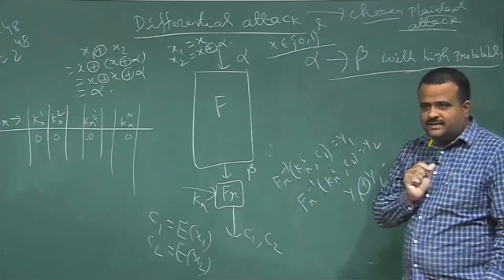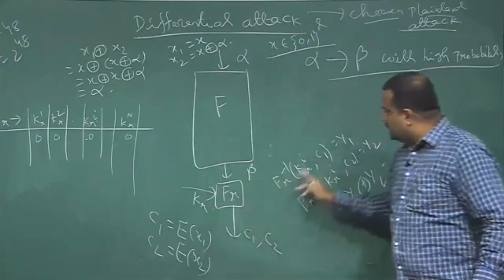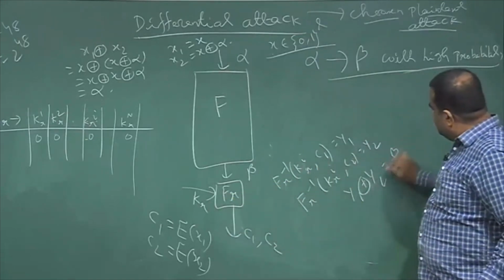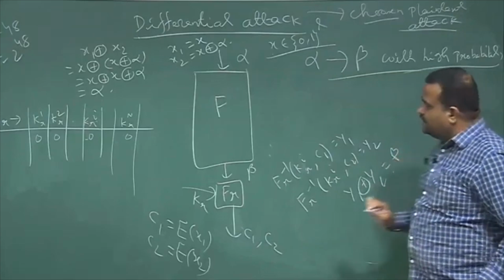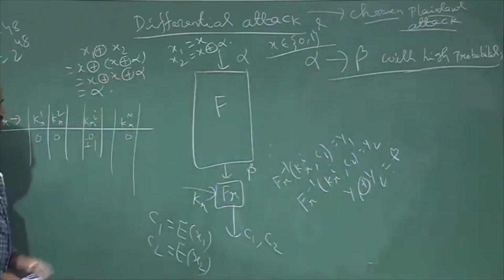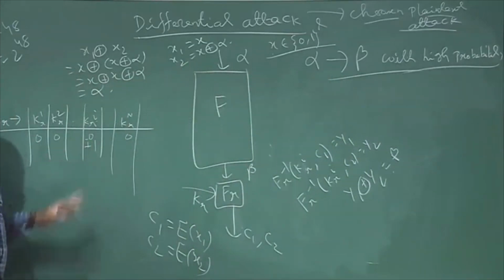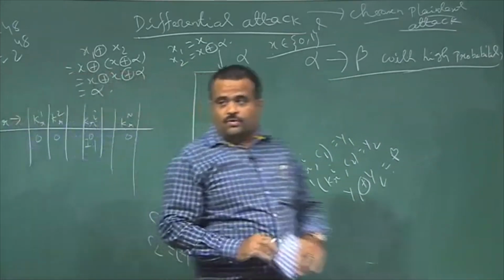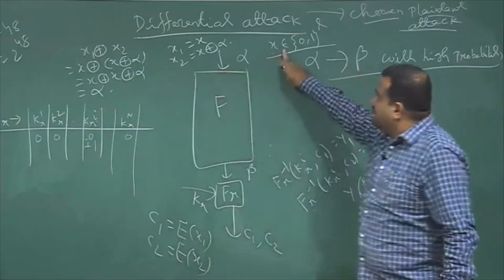We are guessing KR equal to KRi as a candidate key. If it gives us beta, then we increase the counter by plus 1.